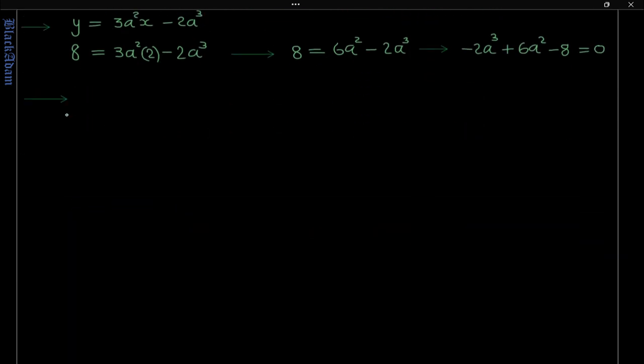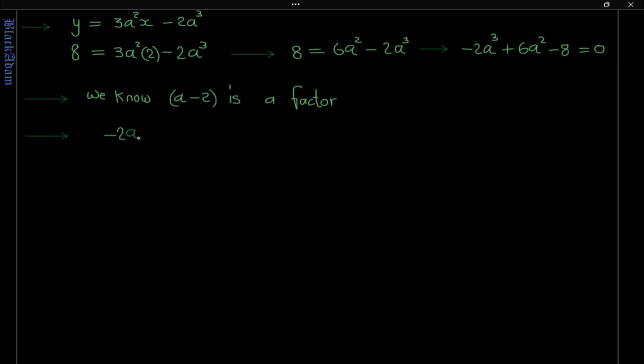And then from there we'll try and rewrite that into cubic form, and we know that a minus 2 is a factor, because we have a point where it's 2 and 8. We need to find the other factor of the equation.